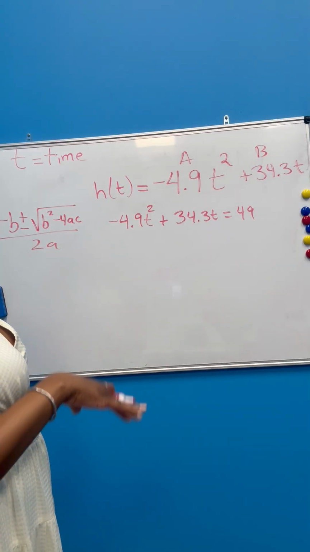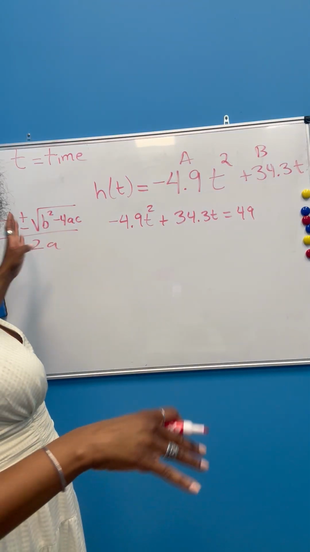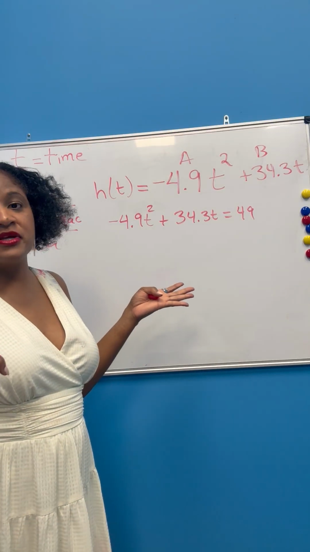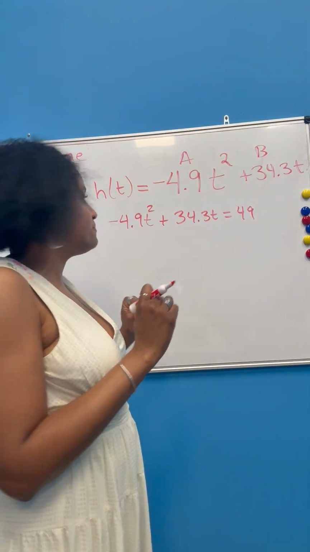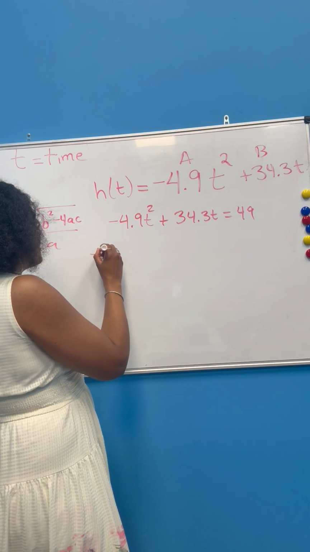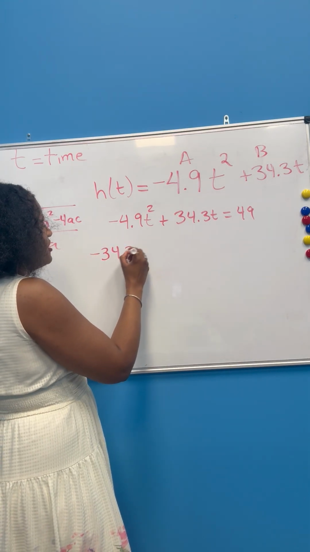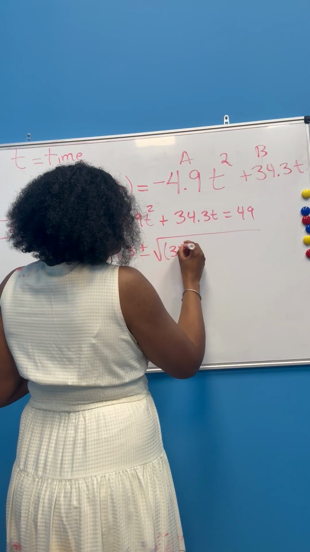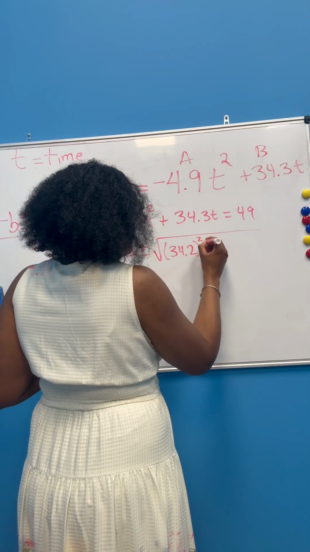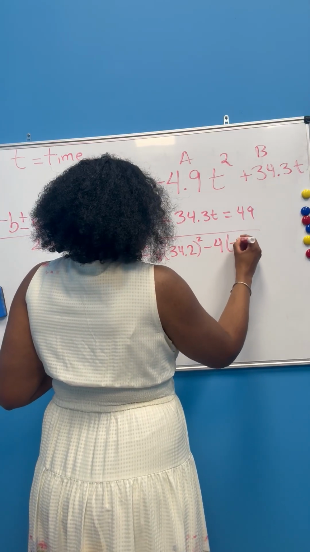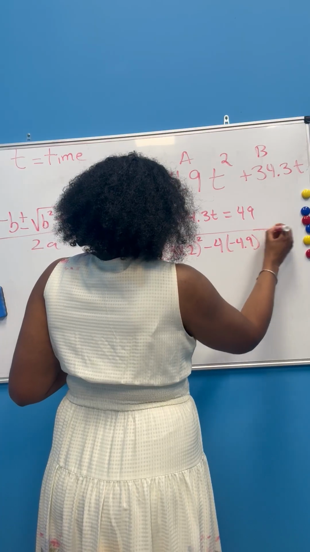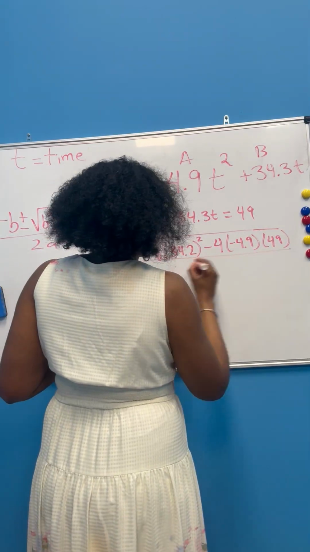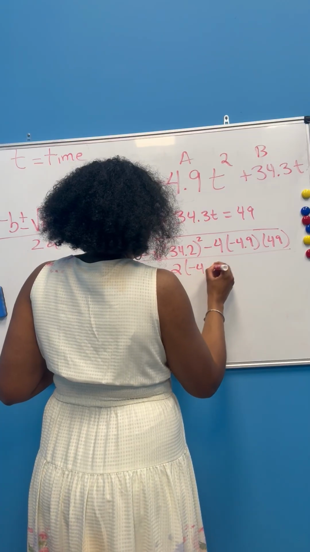But I'm going to solve using the quadratic formula because I do want to show you how I would use it. Factoring might be a possibility here too, but I'm not going to try it. Again, we have negative 34.3, so that's negative b, plus or minus the square root of b squared minus 4ac, all over 2 times negative 4.9.